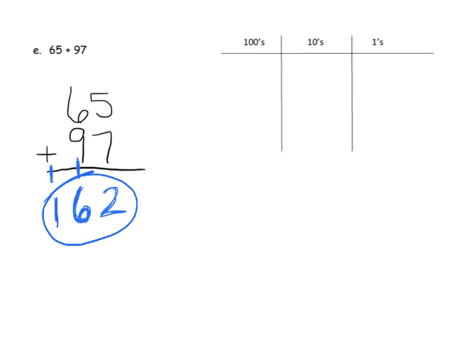Now if we're going to model this using the place value chart, let's get going on that. So first we're going to model 65. 1, 2, 3, 4, 5, 6. So there's our 60. 1, 2, 3, 4, 5. There's our 65. Now modeling 97. 10, 20, 30, 40, 50, 60, 70, 80, 90, and 7. 1, 2, 3, 4, 5, 6, 7.